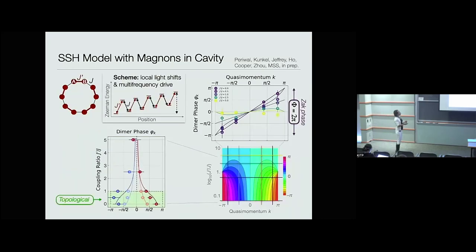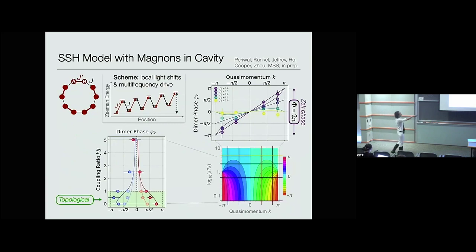If we want to engineer it, it's a little bit fancier than the translation invariant things I showed before because of this dimerization. So we actually currently don't just use a physical magnetic field gradient. We use light to imprint a spatially varying Zeeman shift. These local light shifts give us an effective magnetic field that has this zigzaggy configuration I showed here.